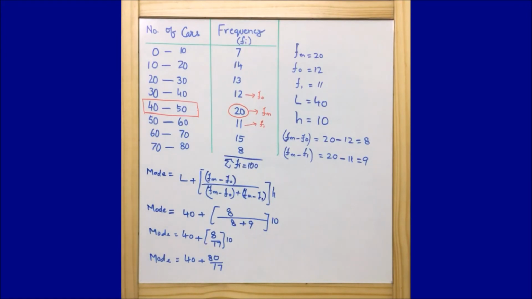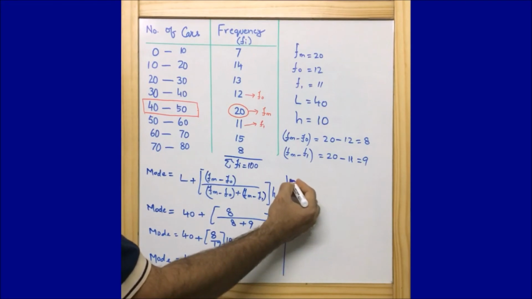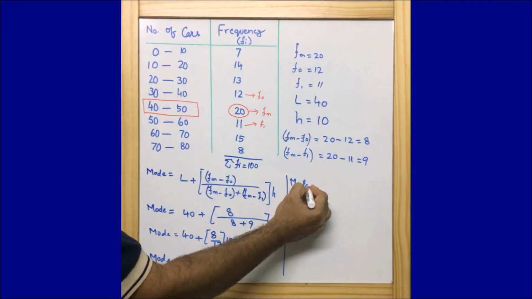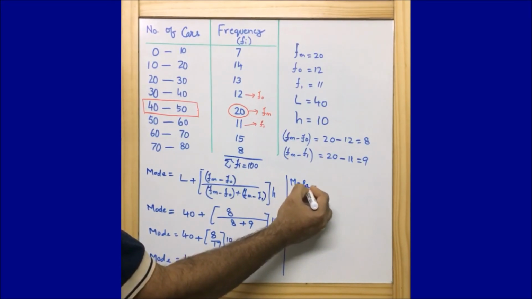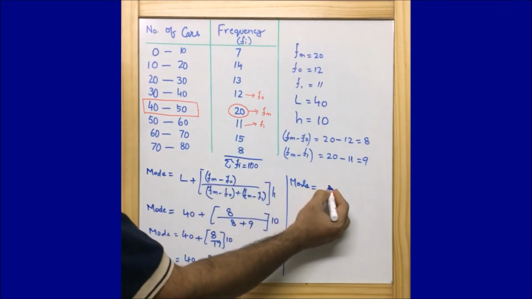Now in other words, I can write mode is equal to, here the LCM is 17. So 40 into 17 is nothing but 680.